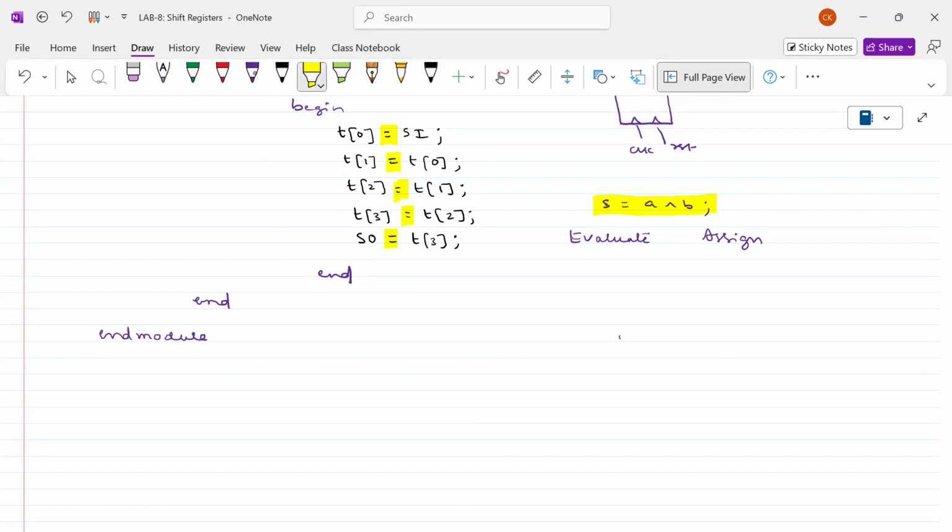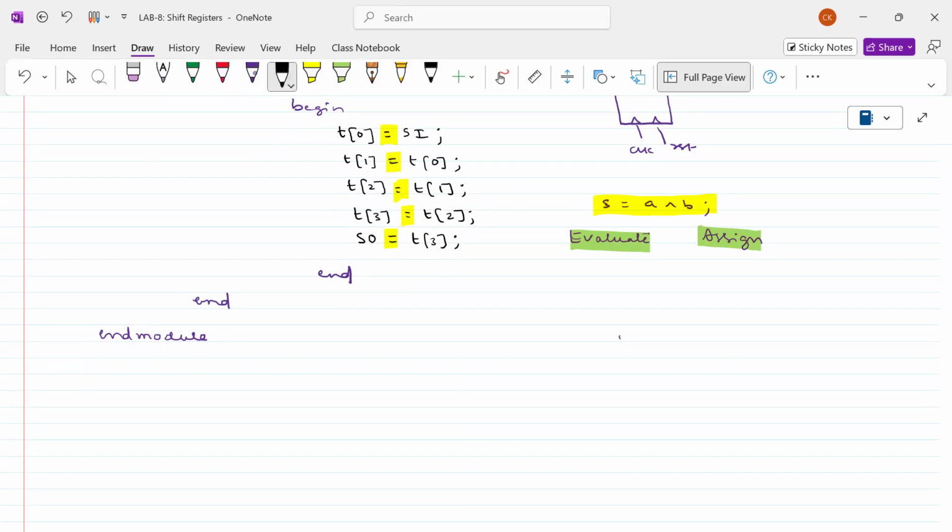One is called evaluation, the second one is called assignment. Evaluation means A XOR B will be calculated to find its value. The right hand side expression is evaluated based on the given inputs. The result is then assigned.